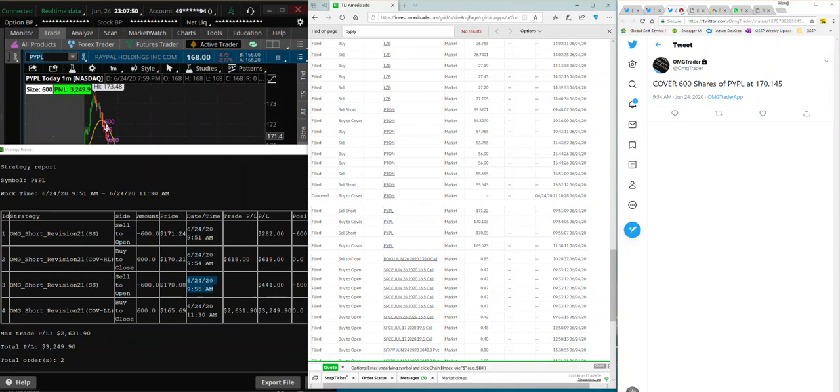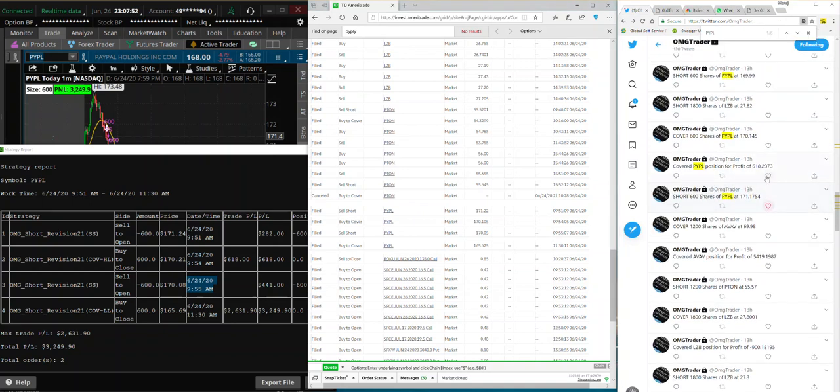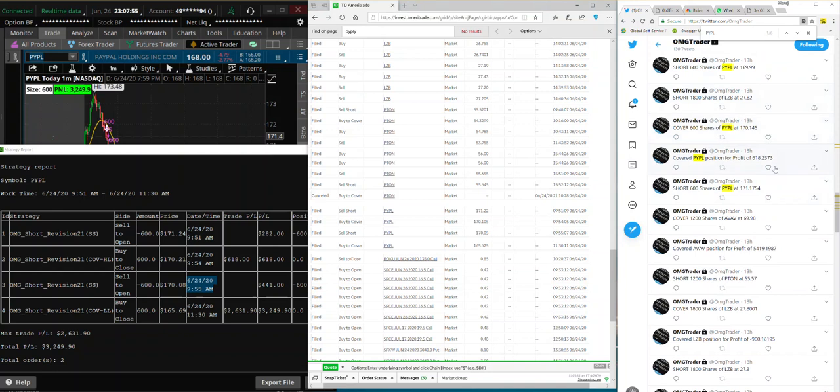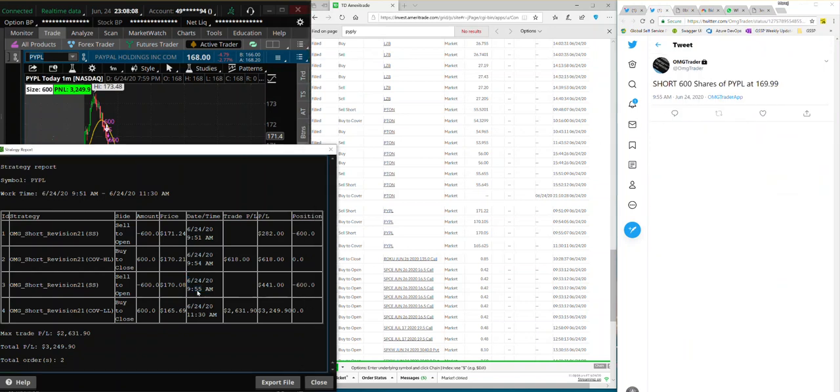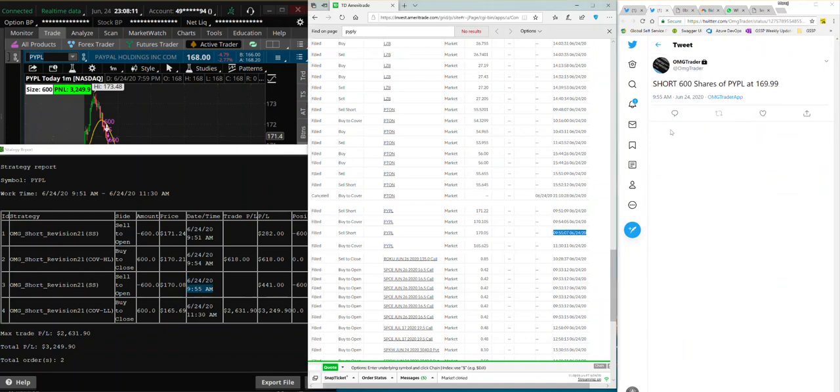Let's go and see on Twitter as well for that particular post of the short. Yes, this is the one that has 9:55, 9:55 and 9:55. So it is posting in real time across, reading signals from the Thinkorswim platform, doing a trade on my personal account, and then posting to Twitter at the same second.